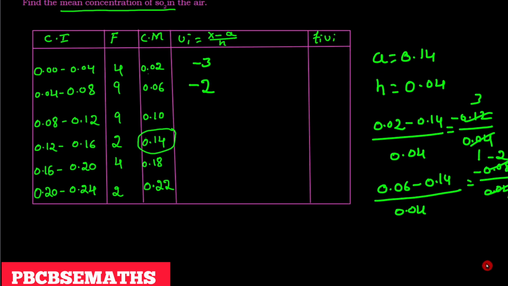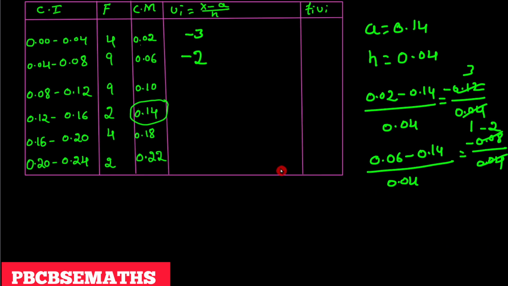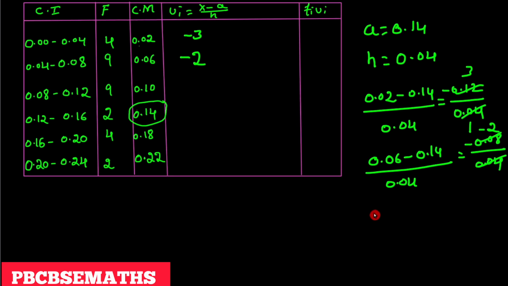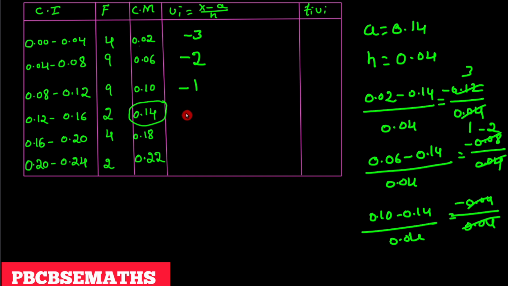In the same way, we will do the calculations. So here we got 0.10 minus 0.14 by 0.04, which means we have only minus 0.04 divided by 0.04, which means we are going to get minus 1. In the same way, here we are going to get 0, here we are going to get 1, and here we are going to get 2.